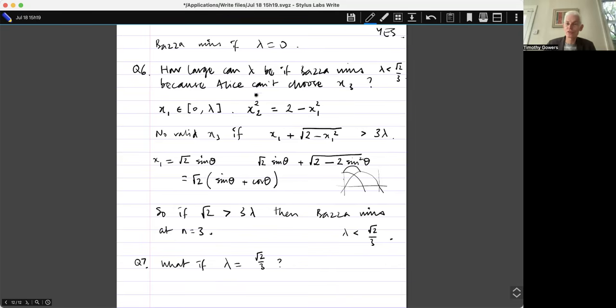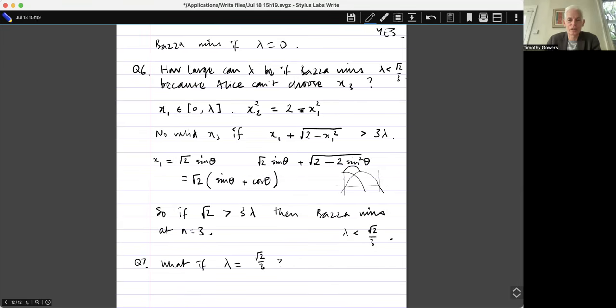And if Alice chooses root 2, Bazza will choose 0. And so again, we have the same sum and the same sum of squares. So there's a funny symmetry there that Alice chooses the smallest possible, but if lambda is less than root 2 over 3, Alice cannot choose root 2.